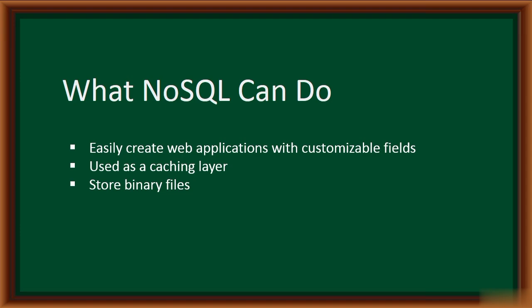So the NoSQL databases can extract all the metadata about a file and allow you to query by it. So it allows you to query using that metadata information. You can also use a NoSQL database to attach other data to specific files.